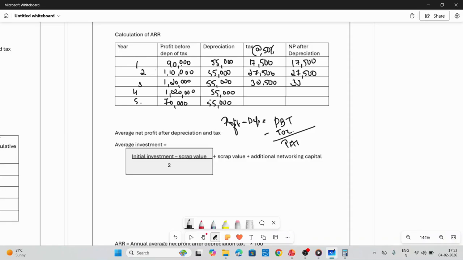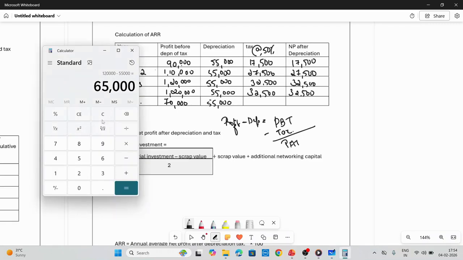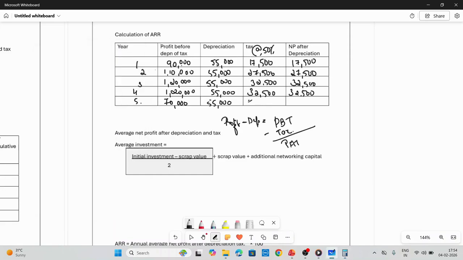So what's the remaining? 32,500. The next 1,20,000 minus 55,000 is the same, so this is 32,500. 70,000 minus 55,000. So what's the amount? 70,000 minus 55,000 is 15,000. 15,000 at 50% is 7,500.